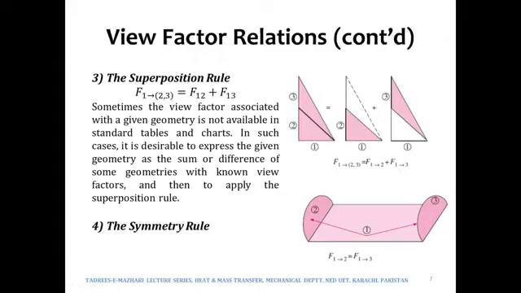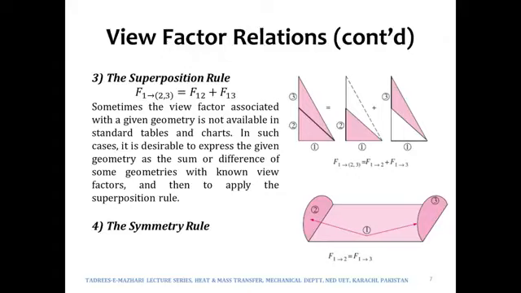So that's quite logical, but the use of this superposition rule is that sometimes we would not be able to find out the values of F using the tools that are provided. We will be provided with some tools such as some expressions, some formulae, some charts, some figures.